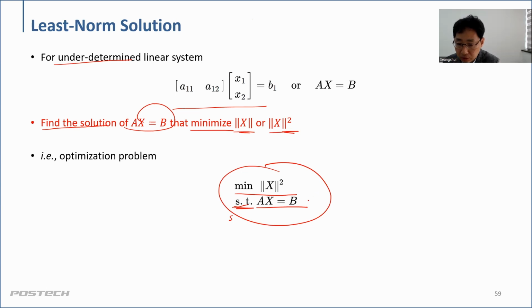We know this is the constraint, and we know there are many solutions at this moment. Among those many solutions, I want to pick the one that minimizes the distance, or strength, of the vector x.